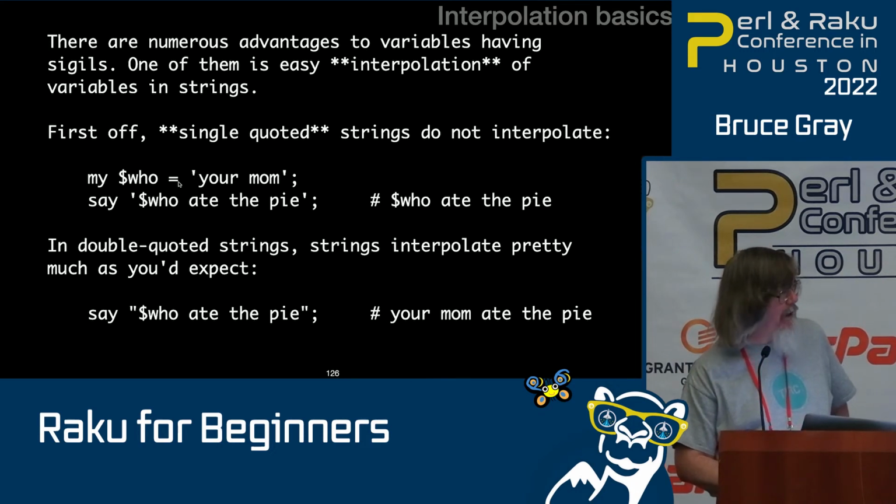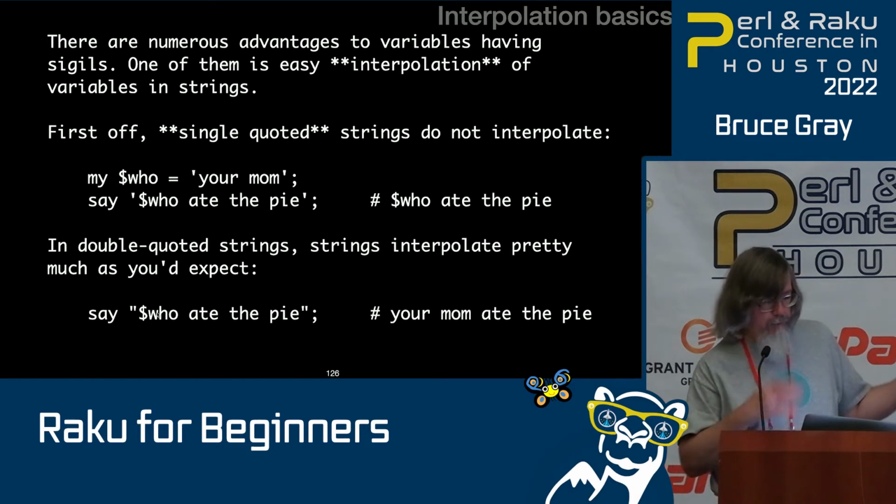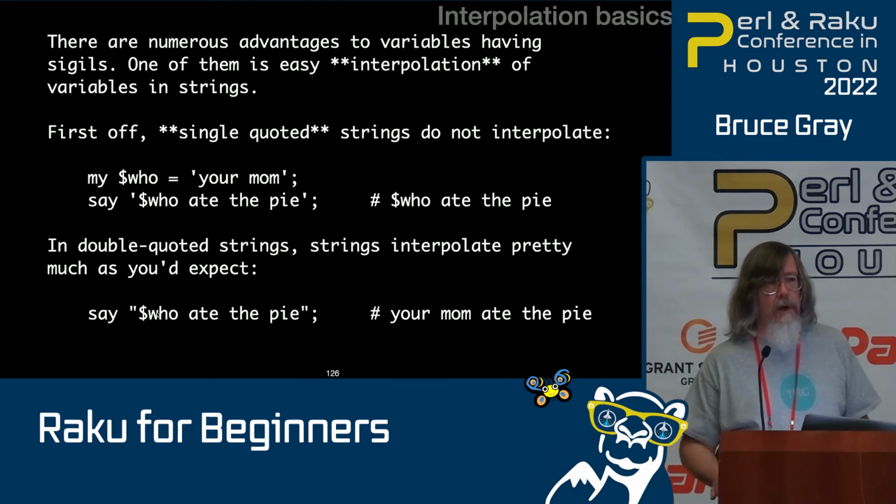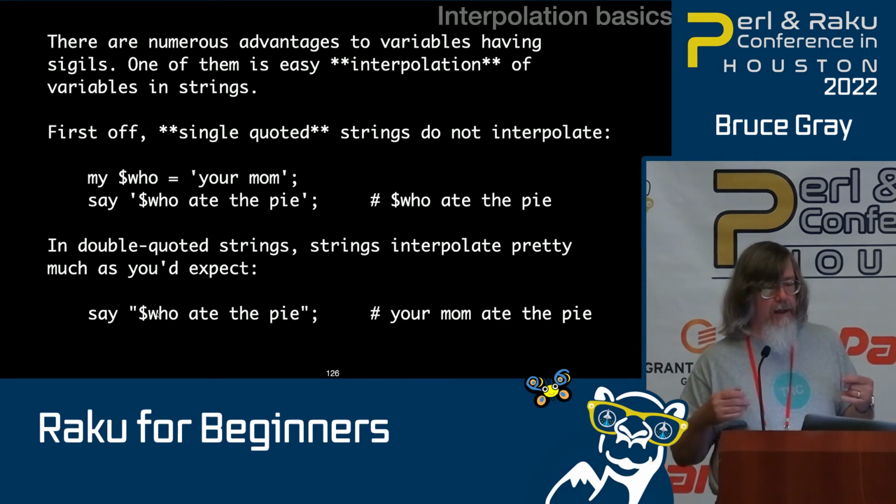Double quotes have the advantage that they interpolate, so you can put a scalar and it just puts in the contents of the scalar. There's a lot more complex stuff it can do too. I won't go into all the rules because I don't use any of them. Practically nobody uses them, except Jonathan when he wrote some of the slides I'm skipping.